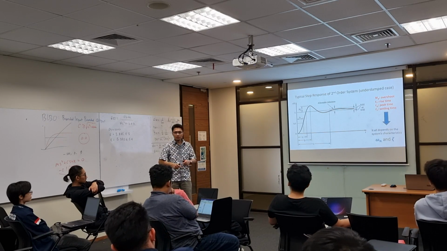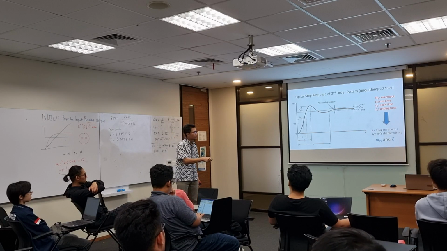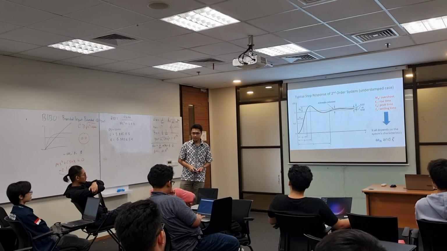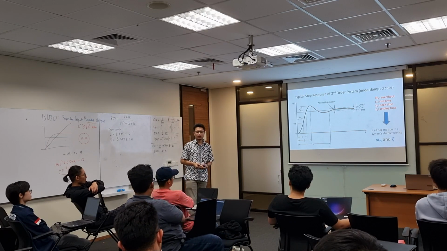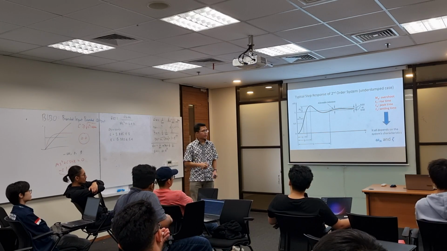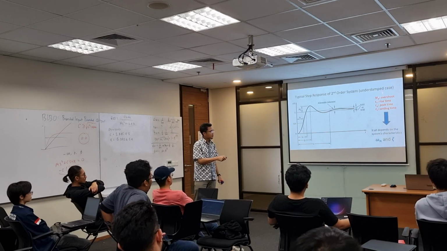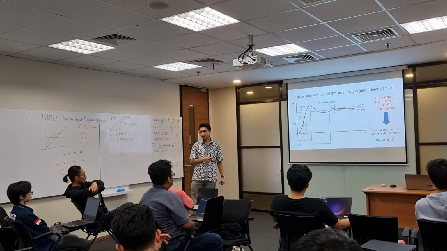So in designing a control system, these will be the things that you will consider, or this will be the objective. You will have to design your controller so that your system behaves based on your specification.